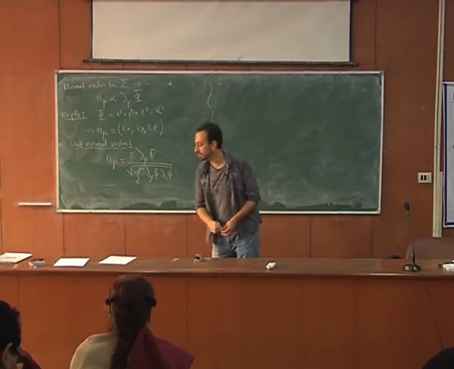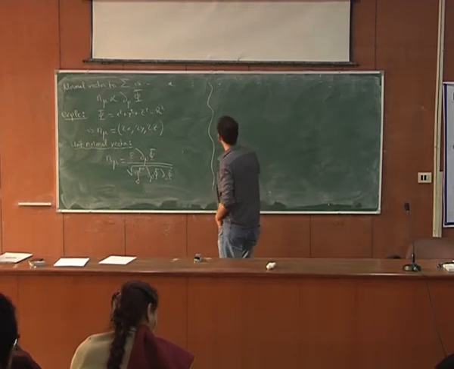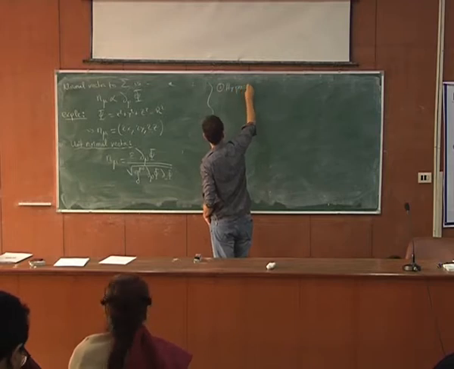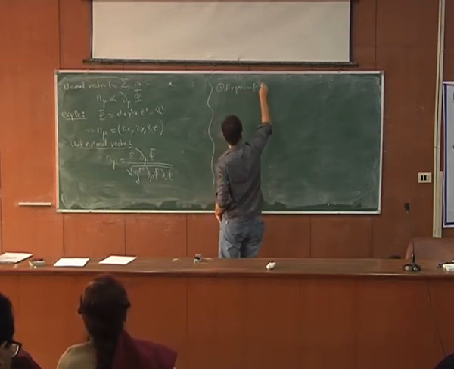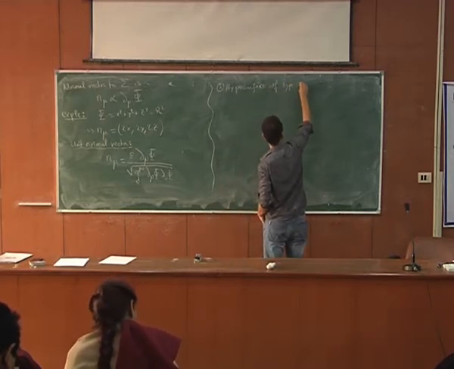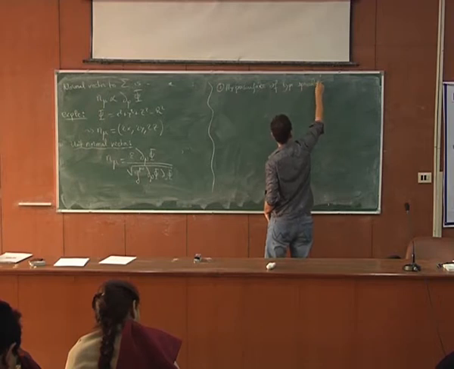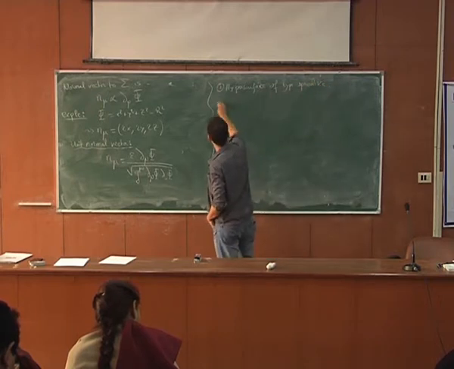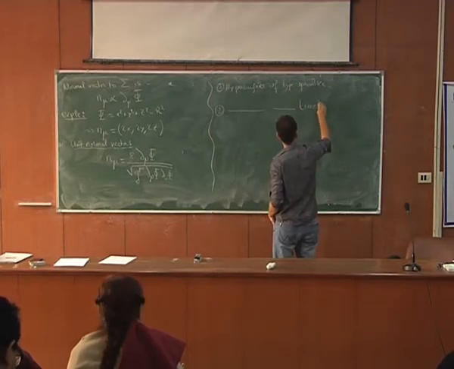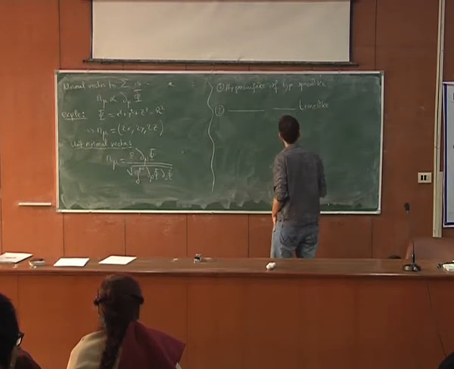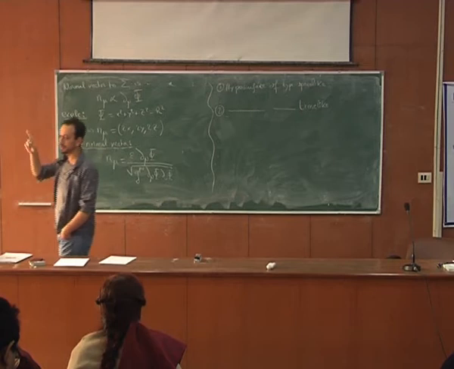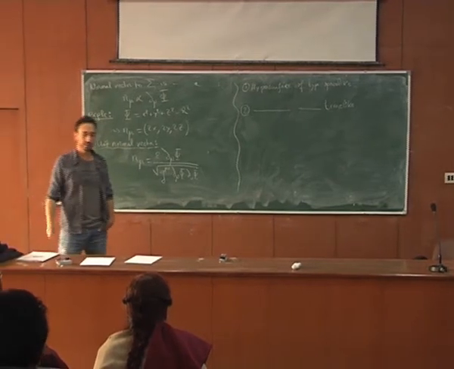You have two types of hypersurfaces. There is one type which is called a hypersurface of type space-like, and you have a hypersurface of type time-like. If the normal vector is space-like, the hypersurface is time-like.